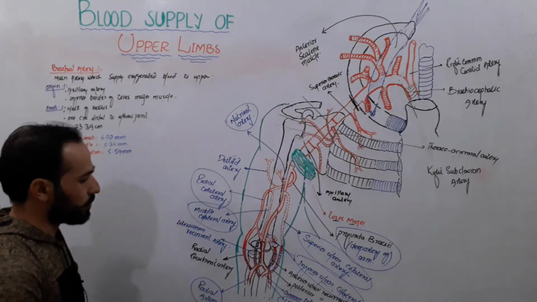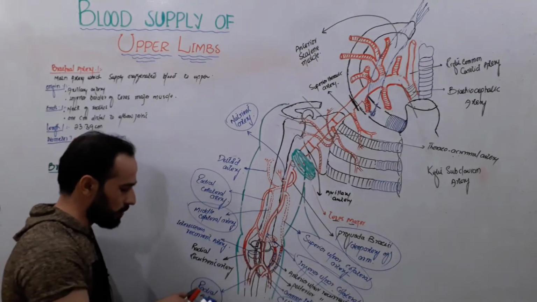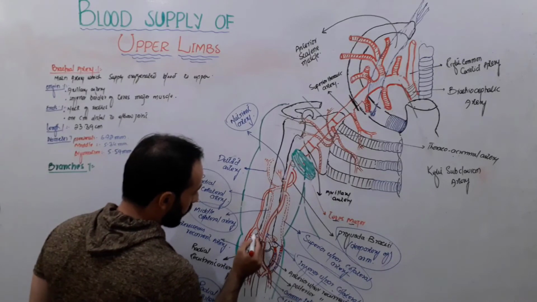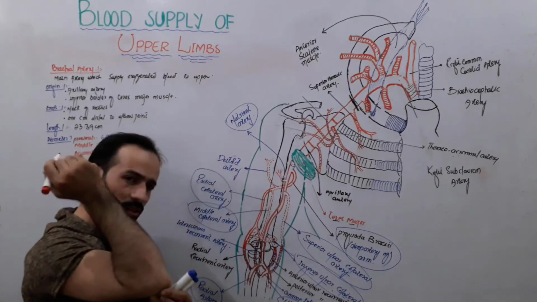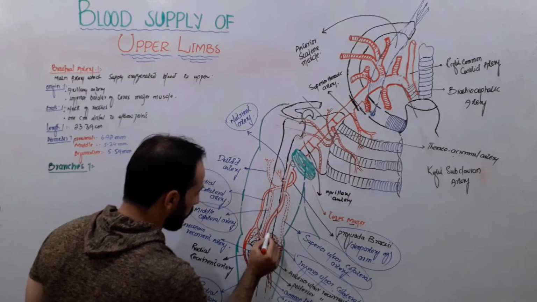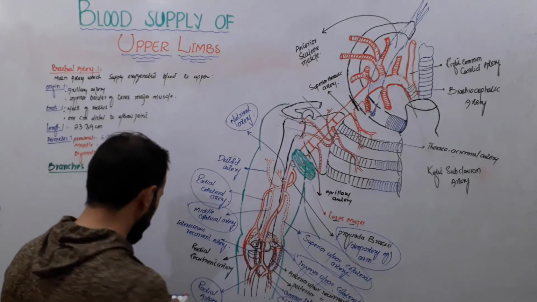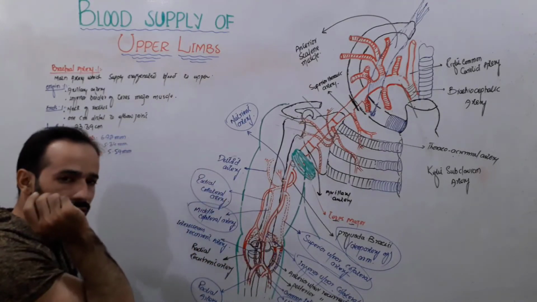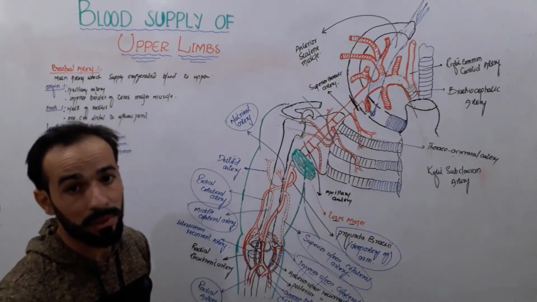Now friends, one thing more which is very important, here are some very small branches which perforate the muscles, and here are not too many muscles. Here is the skin, right? So here are some small perforating branches, and these branches which supply the skin of this area and the fascia which are present here are called fasciocutaneous perforators, right?